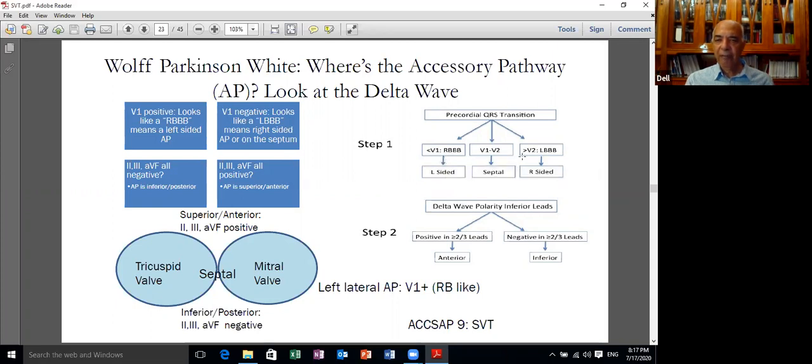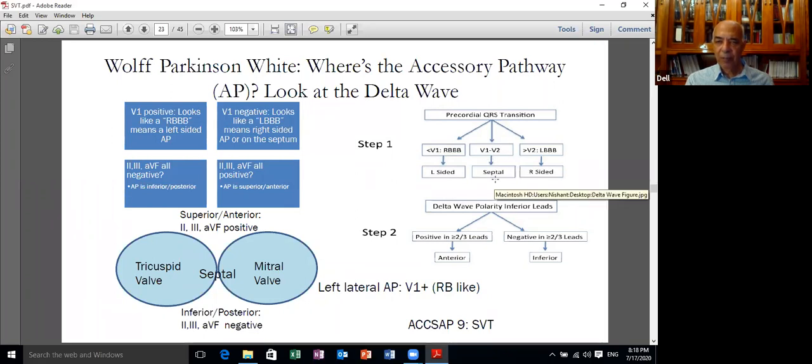If it is negative in V1, looks like a left bundle branch block pattern, then it is right-sided. If it moves from negative to positive between V1 and V2, it's located in the center. So looking at V1 will let you categorize the patient either on the left side, if it's right bundle branch block pattern, on the right side, if it is left bundle branch block pattern, or if it jumps from V1 negative to V2 positive, then it is center.